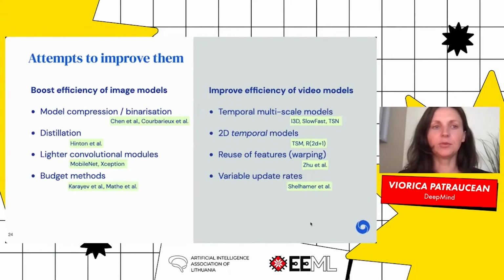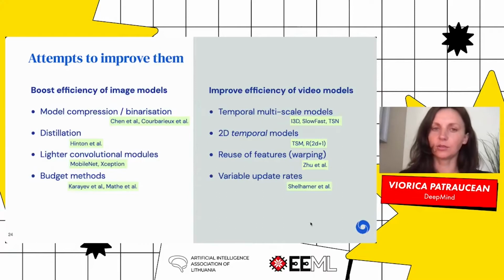Of course there are many works that try to improve the downsides of these models, and they focus either on improving the efficiency of the image models, by doing model compression, distillation, proposing lighter convolutional modules, or having some sort of budget methods.